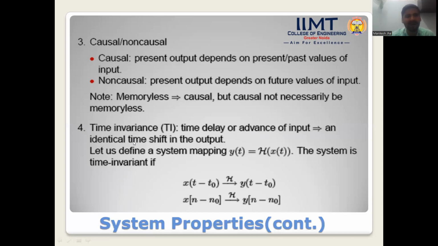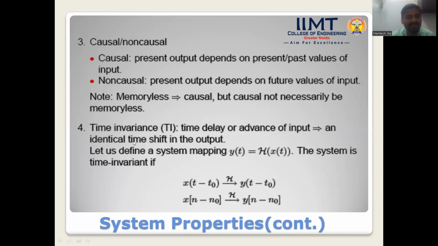So it means in a causal system the present output depends on the present and past values of input. So memoryless systems are causal systems. All memoryless systems are causal systems, but all causal systems are not memoryless systems.